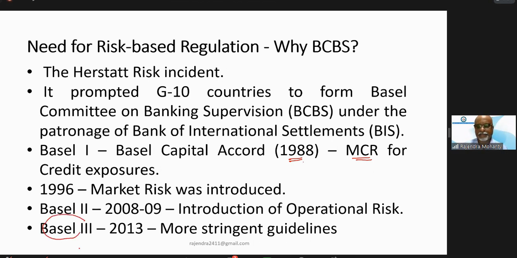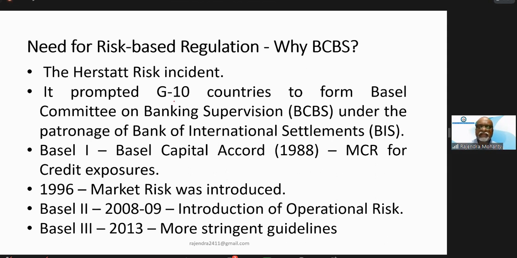And it was supposed to be completed in India by 2019, but till now we have not complied with all the Basel III guidelines. In between, the pandemic happened. So there will be delay. After the completion of our compliance, Basel IV will be coming. Basel IV is almost ready. So as the days progress, the guidelines are becoming harder and harder, or more severe.